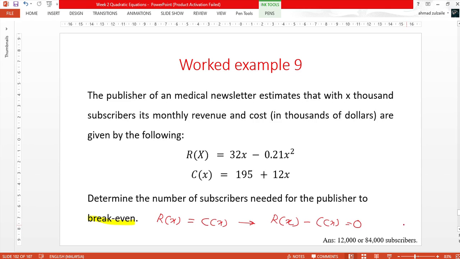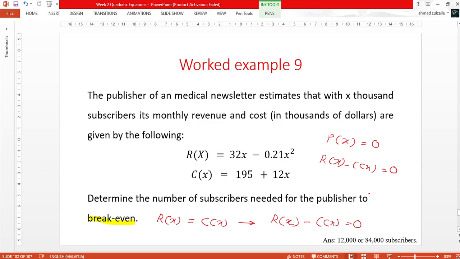Because the profit that we calculate is revenue minus cost. Break even over here is actually your profit equal to 0, meaning you have zero profit. In order to get the zero profit, profit is equal to revenue minus cost. So the operation between R(x) and C(x) will be subtraction.